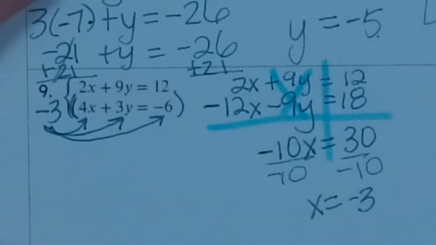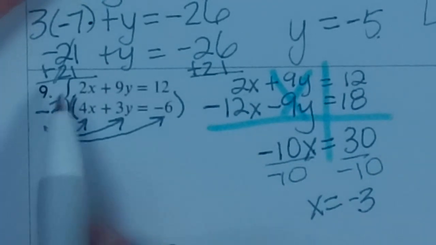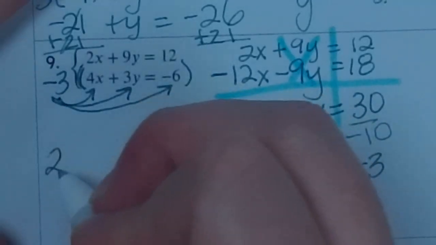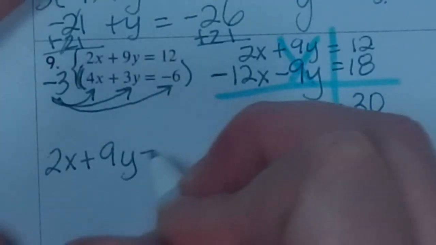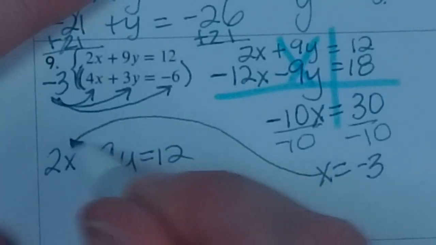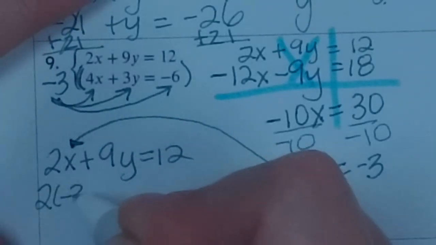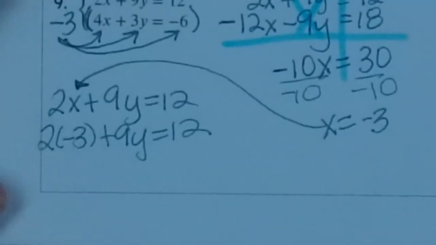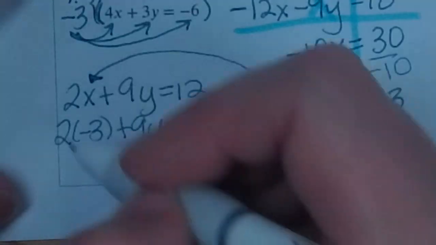Then we just go back and pick an equation that we like. I like 2x plus 9y, so we'll use that one. Instead of writing x this time, we're going to write -3. And then just multiply and subtract.